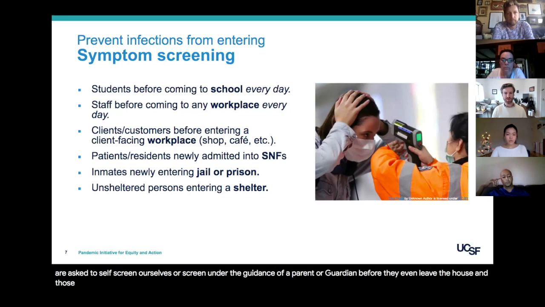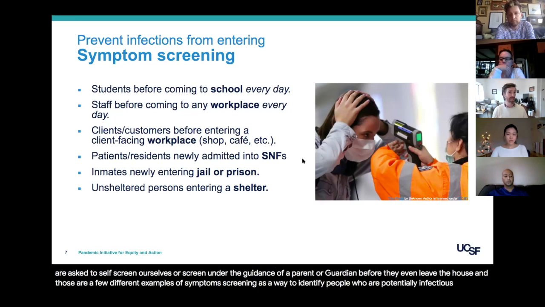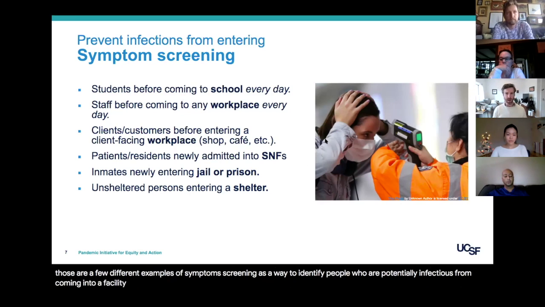Those are a few different examples of symptom screening as a way to identify people who are potentially infectious from coming into a facility, by checking to see who might be symptomatic for COVID infection. Next slide, please.